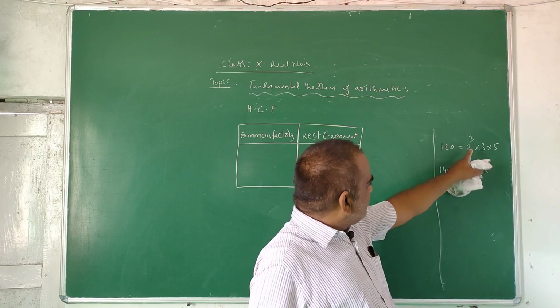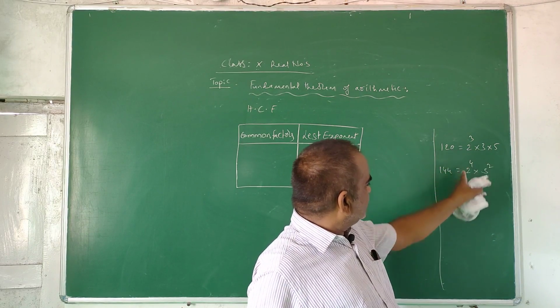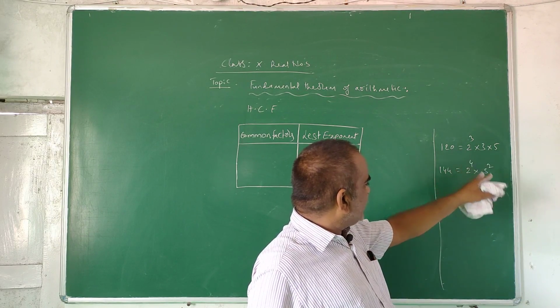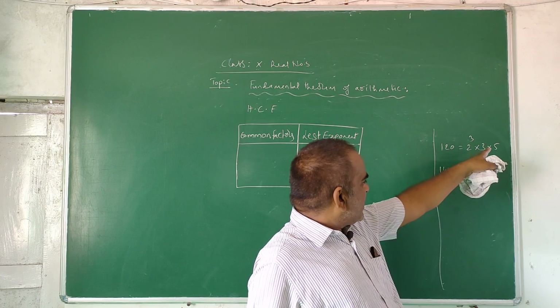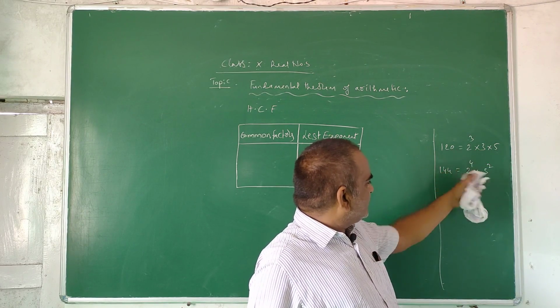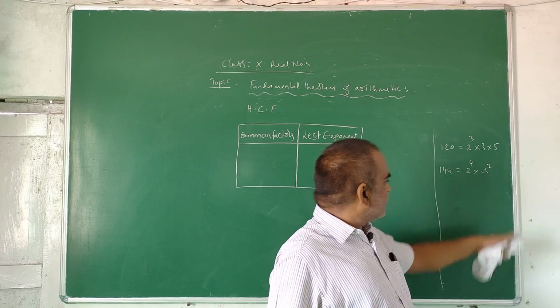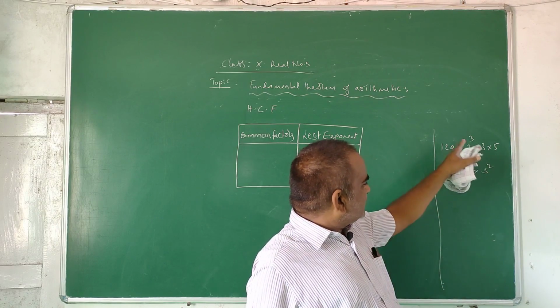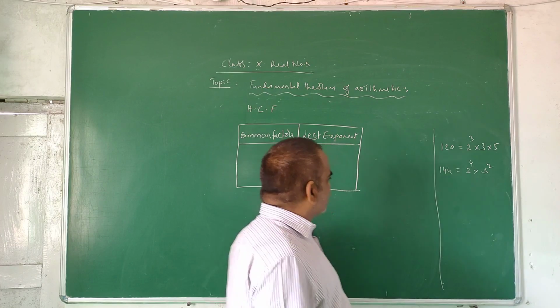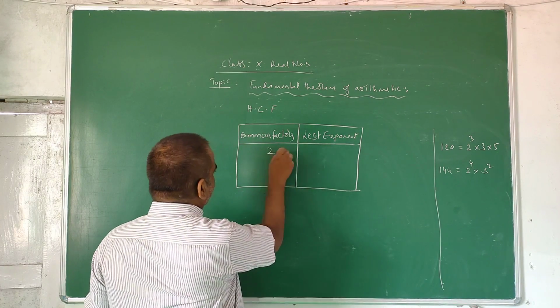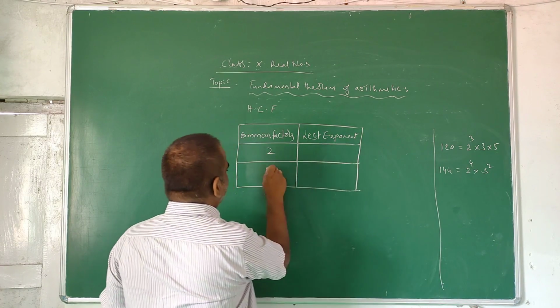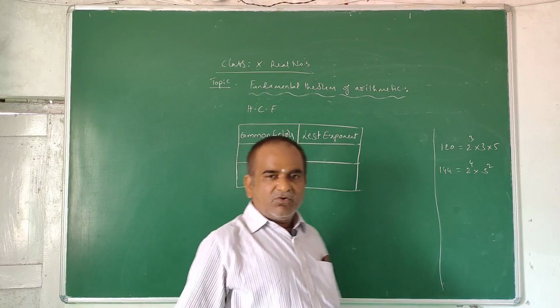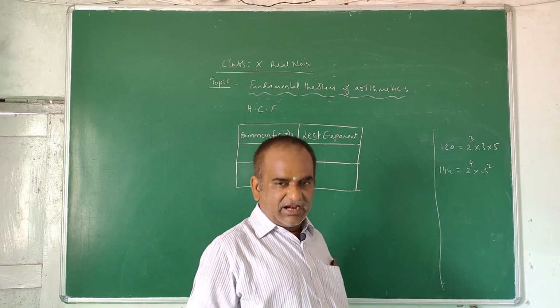Now, what are the common factors overall in the prime factorization? You are seeing 2 and 3. 5 is appearing in 120, but you are not seeing it in 144. So, the only common factors are 2 and 3. So, 5 will not come here. Only common factors you have to collect.